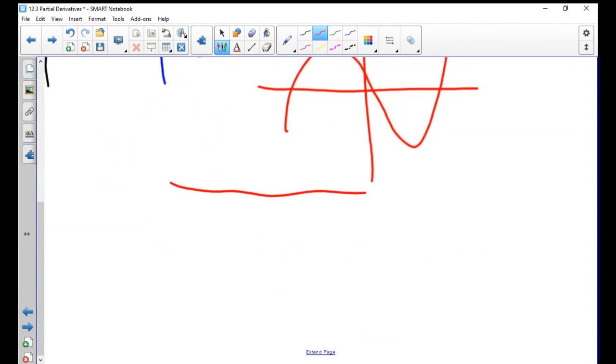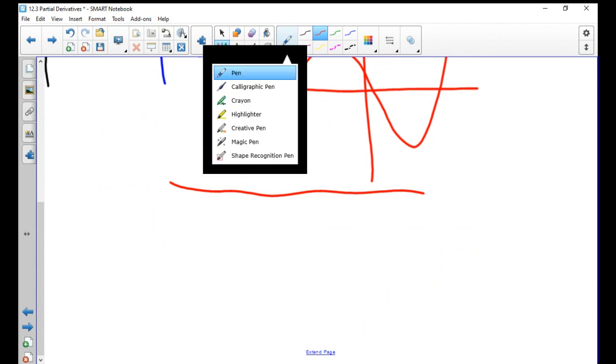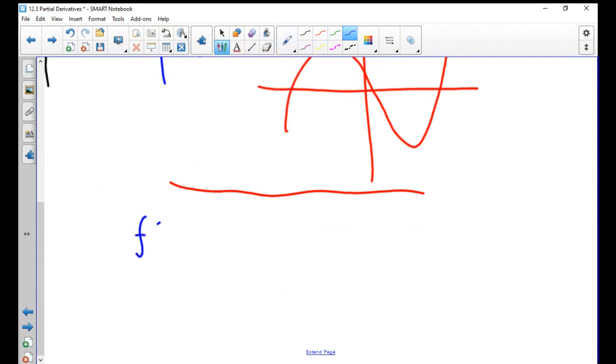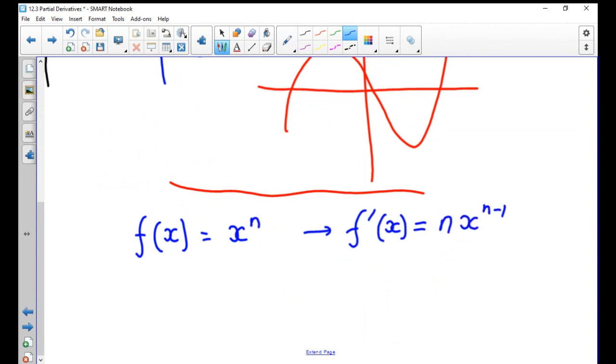Of course, when you work with derivatives, you have seen some rules. So you know some rules of differentiation. For example, if f of x is x to the power of n, then its derivative will be n x to the power of n minus 1. These are the rules.